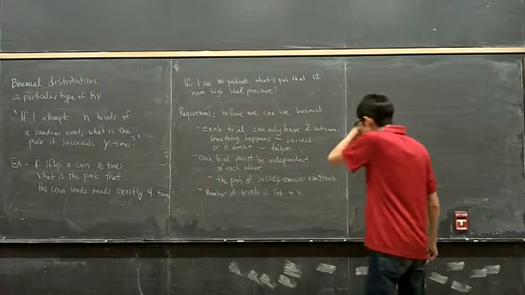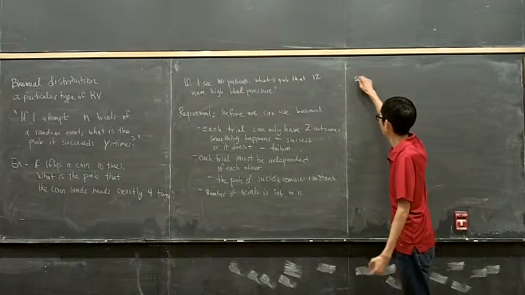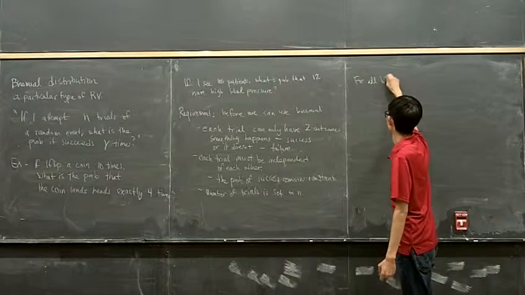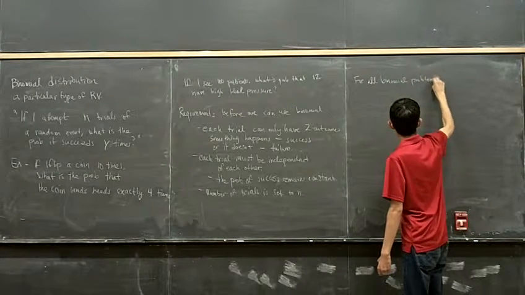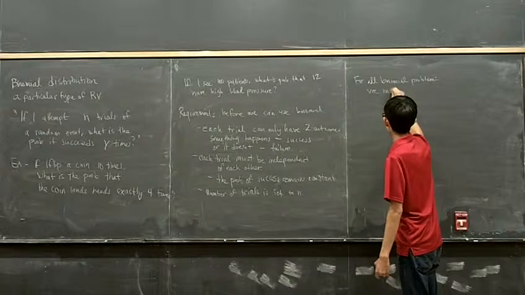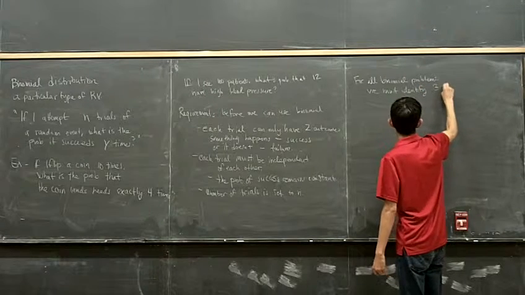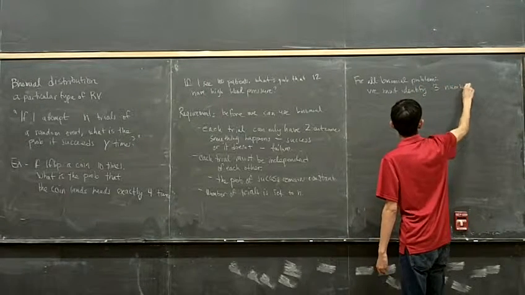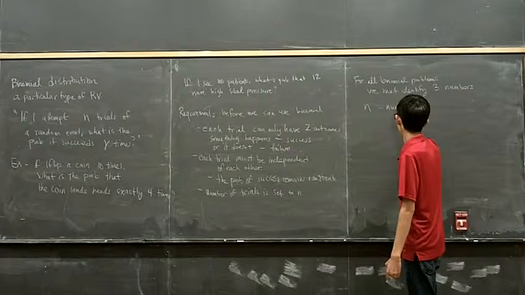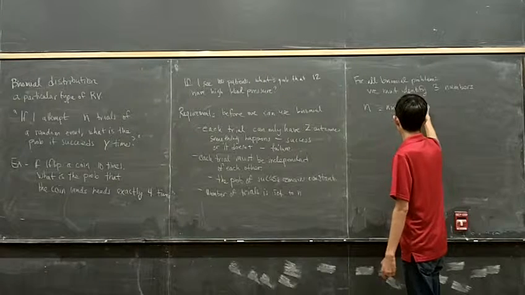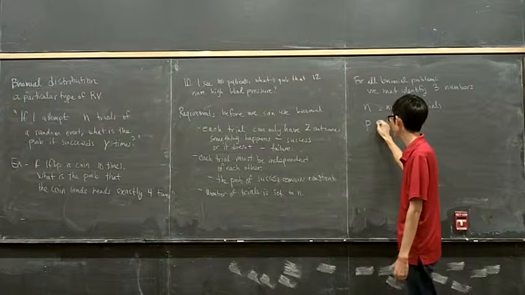So in every binomial problem, you need to be able to identify 3 numbers. n is the number of trials. p is the probability of a success.